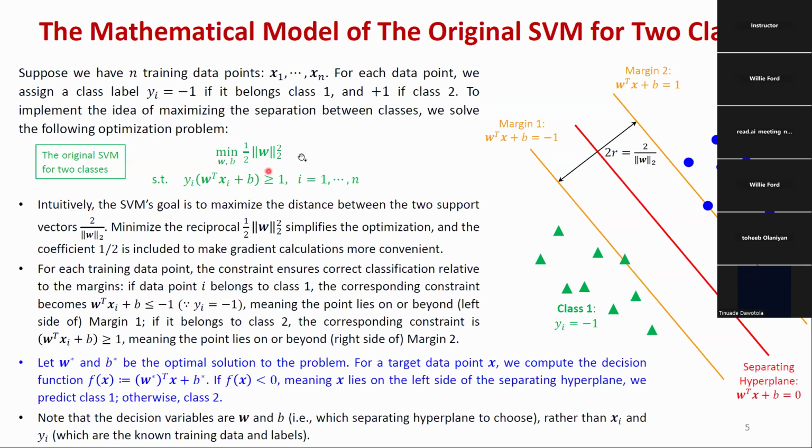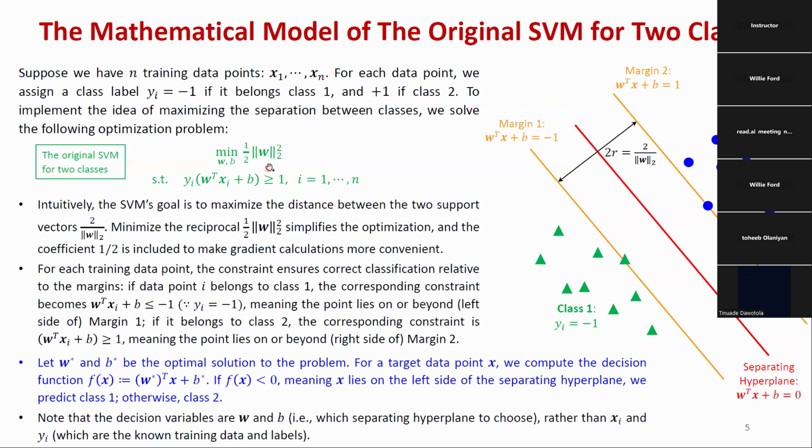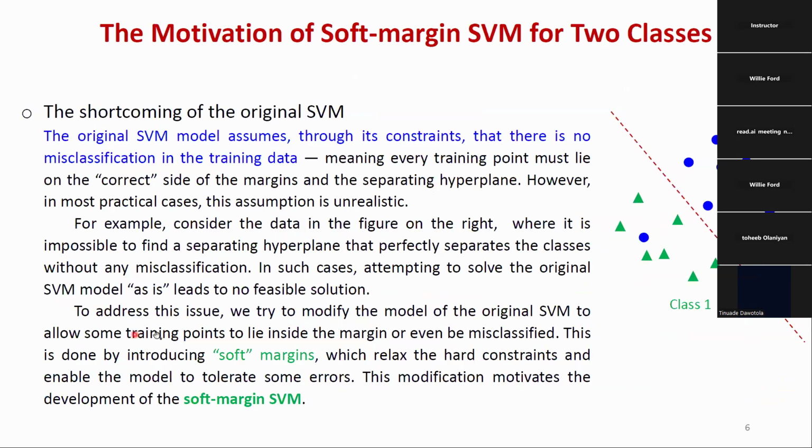Why do we want to do it this way? Because if we want to brutally minimize it, we have something in the denominator, which is more difficult. By considering the reciprocal of it, we can make it a quadratic problem again. Why? Because it's a square.